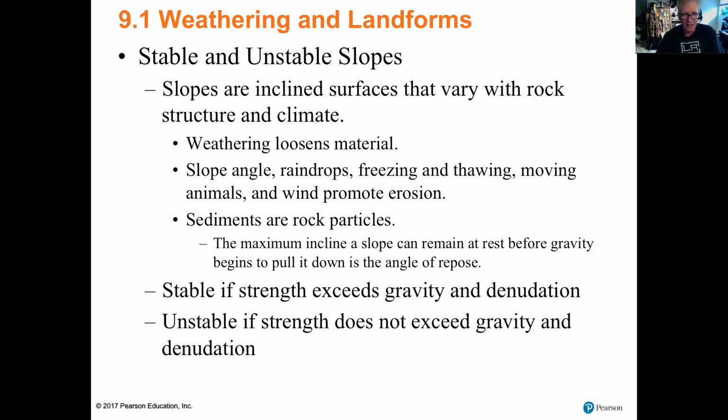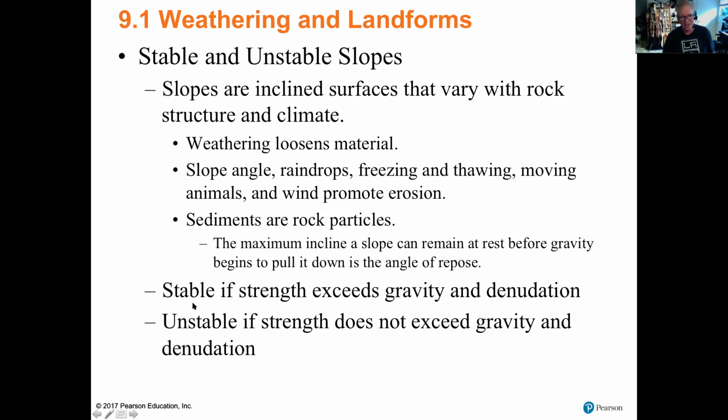We'll go over weathering here in a second. The slope angle might change. There's raindrops, freezing, thawing, moving animals, wind. All these promote erosion. And eventually, the rock particles, the sediments, will overcome the forces of gravity and the adhesion where they're pulled down to the surface, and they will move.